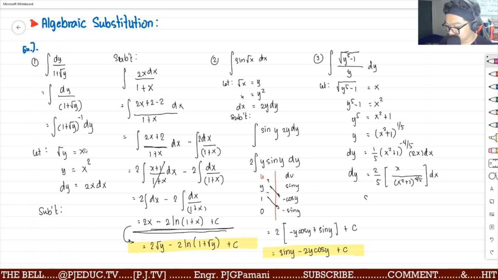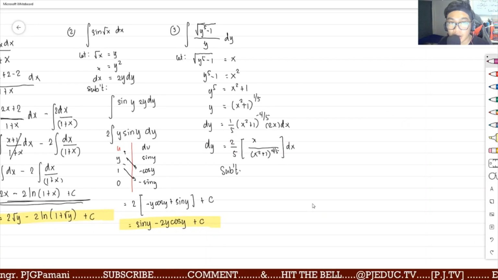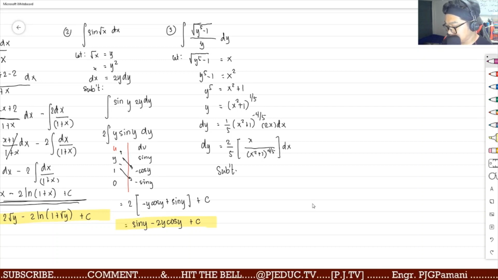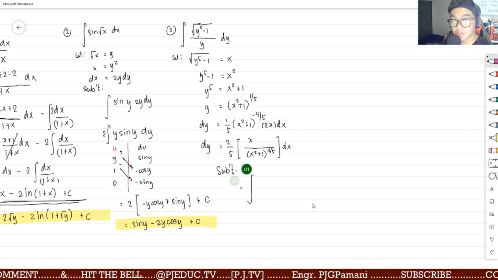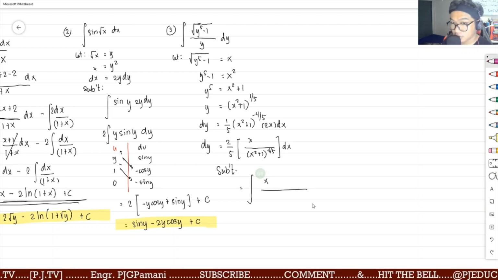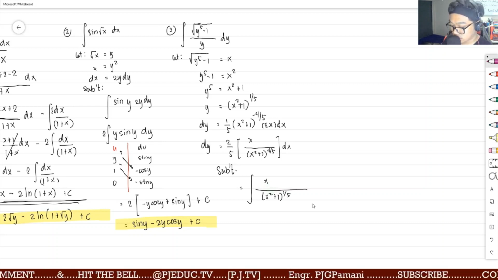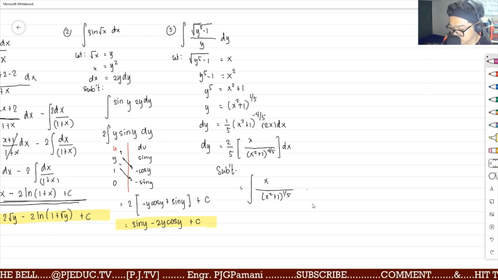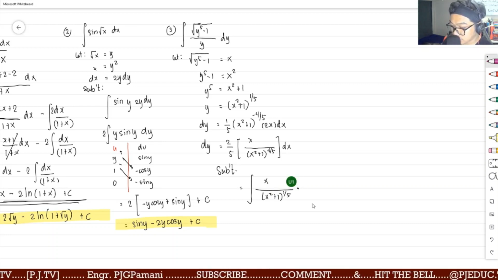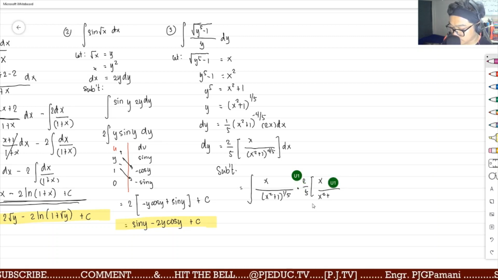Now, for your substitution, substitute the identified terms in our original integrand, such that square root of y raised to 5th minus 1 is simply equal to x, all over y is equal to x squared plus 1 raised to 1/5, and dx times dx, which is 2/5 of x over x squared plus 1 raised to 4/5 dx.